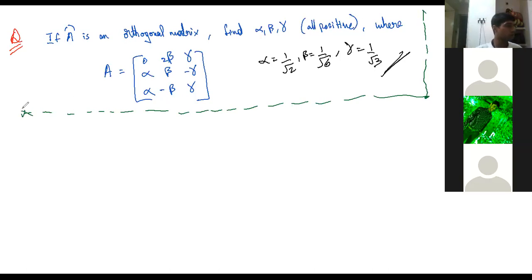Okay. One second. A couple of things which I have not discussed: conjugate matrix, Hermitian matrix, Q Hermitian matrix.